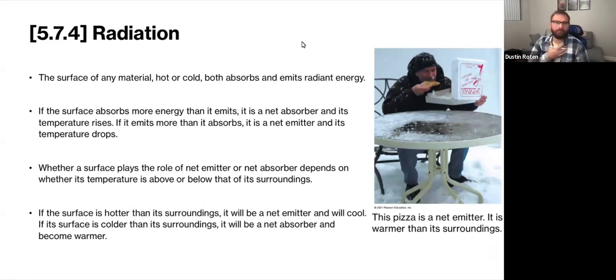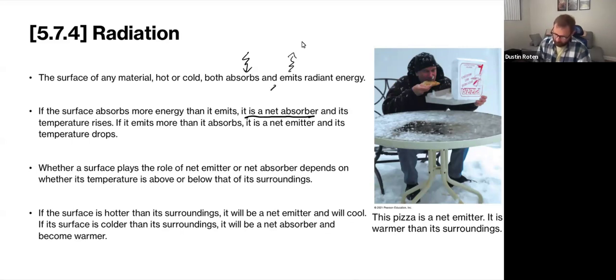All right, so the surface of any material, hot or cold, both absorbs and emits radiant energy. This is what we talked about earlier. You always got something going in and something going out. So that's always absorbing, always emitting. If the surface absorbs more energy than it emits, it is a net absorber.